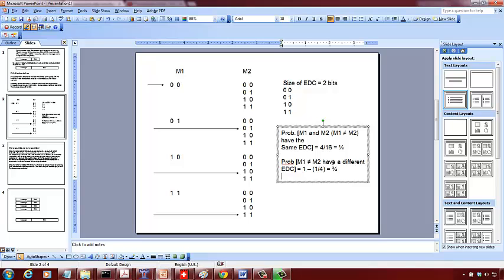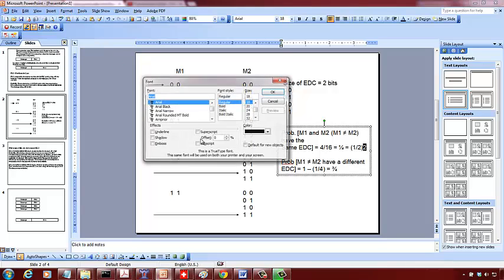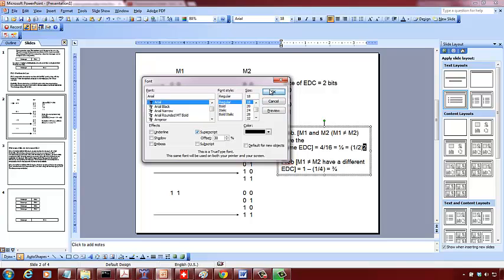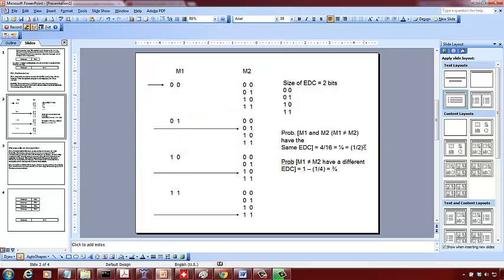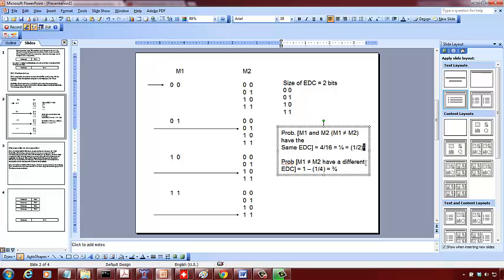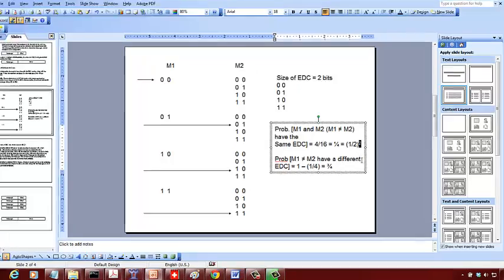And we could extend this analysis further. This 1 over 4 is basically from 1 over 2 squared, where this 2 corresponds to the size of the error detection code.